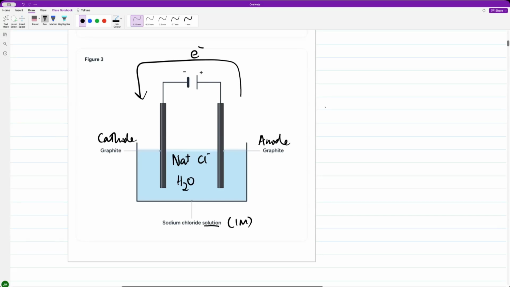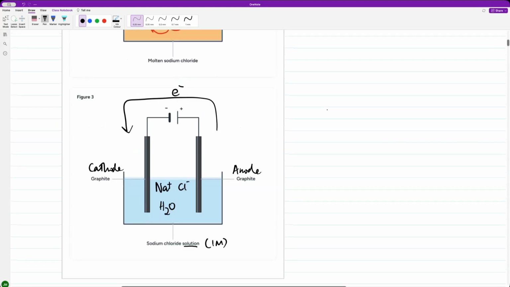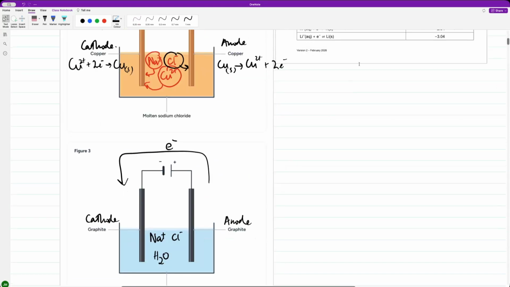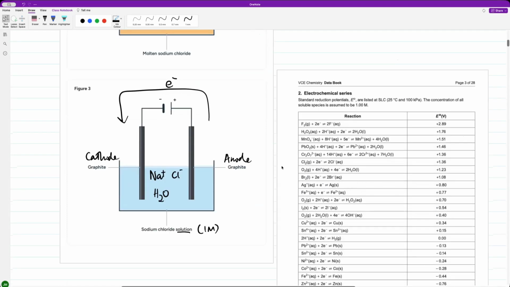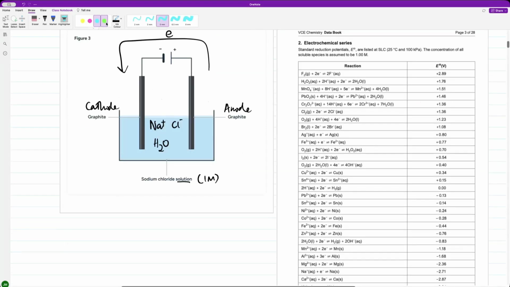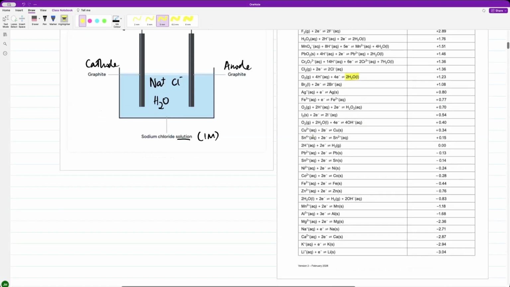So now we have to look at our electrochemical series again and determine what is going to be oxidized and what's going to be reduced. Okay. So we'll highlight everything that's in our scenario. We've got water. We've got water down here as well. And we have sodium ions and we've got chloride ions.